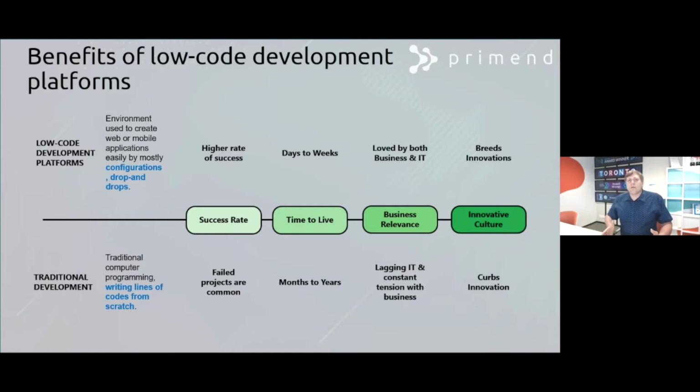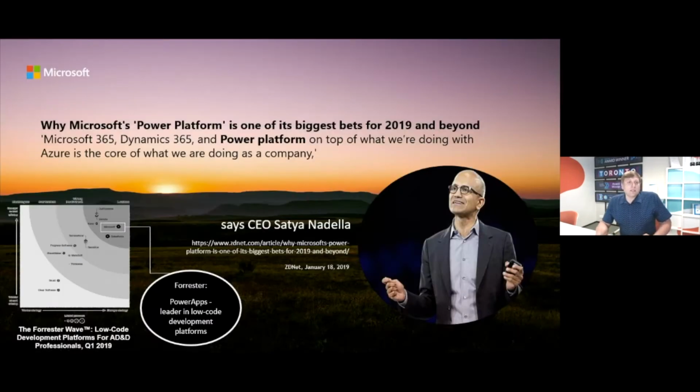So we have to compress this development cycle into as small units as possible and deliver as fast as possible. And that's why we need low-code, no-code development platforms like Microsoft Power Platform. Microsoft itself, or Satya Nadella, says that Power Platform is the biggest bet, and it was in 2019, I think.